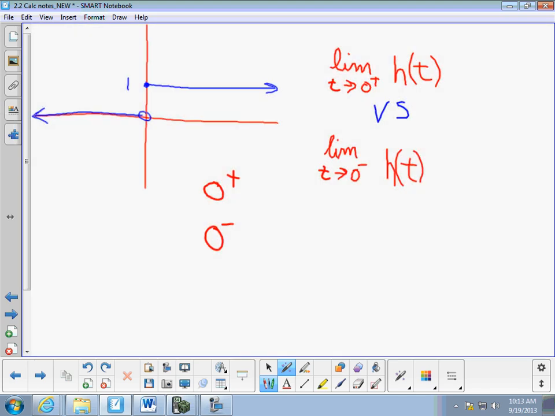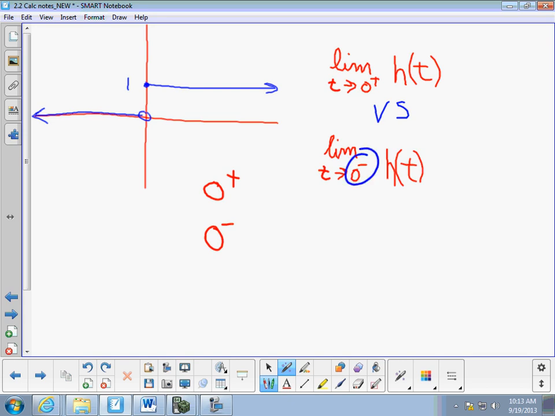So I'm coming in this way. What value are you approaching as you approach 0 from the right? 1. Yeah. As it turns out, you're already at 1, but just because you're already there doesn't mean you're not there. That's the limit.